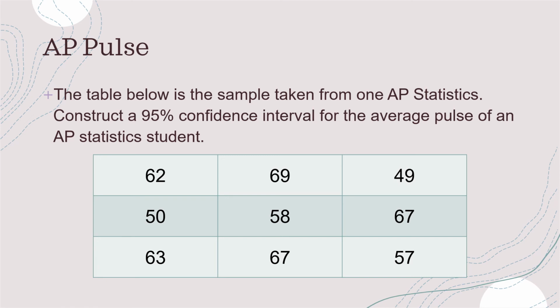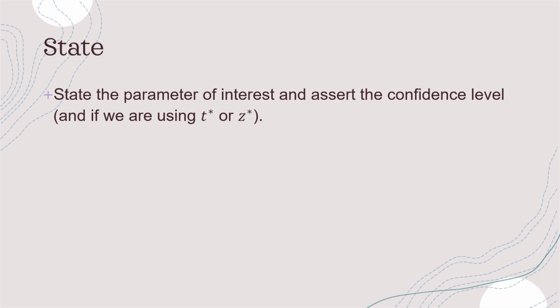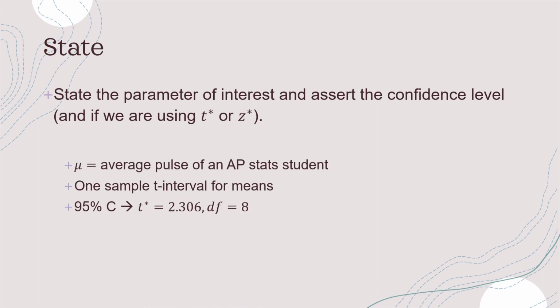Okay, so the first thing up is state. We want to state the parameters and level of interest. So our parameter, or our variable essentially, mu is the average test score of our AP student. It's a 1 sample t interval for means, so we're going to be using our t.